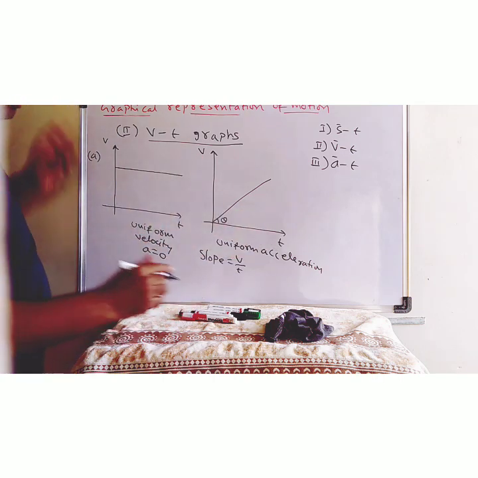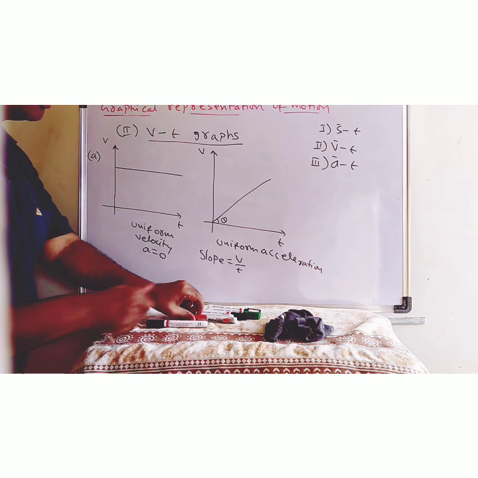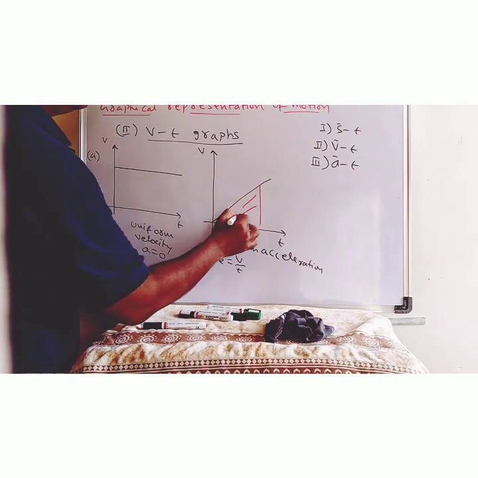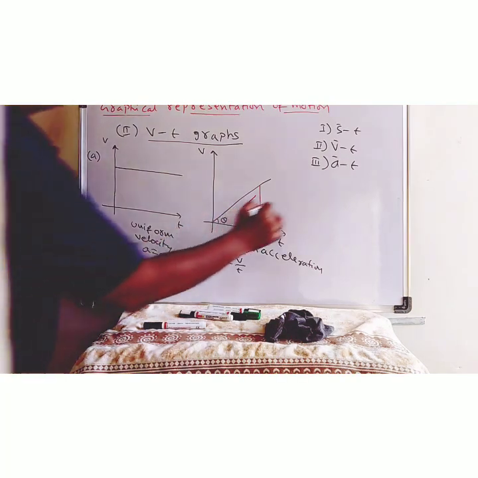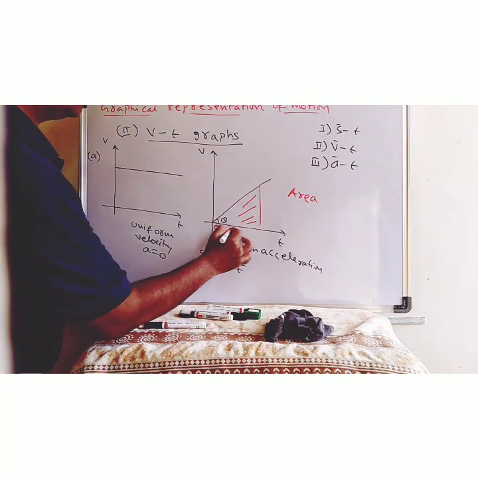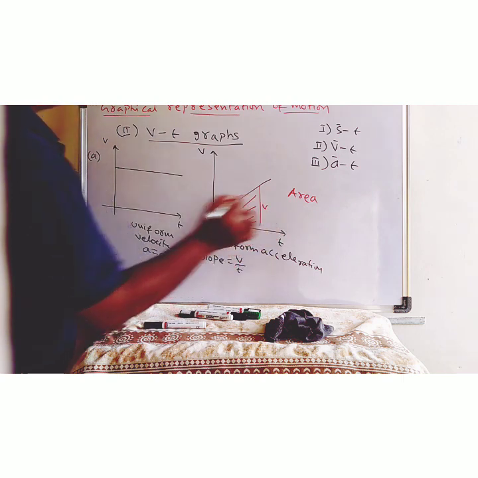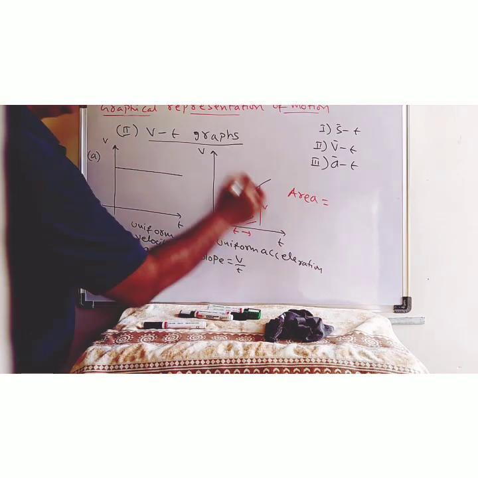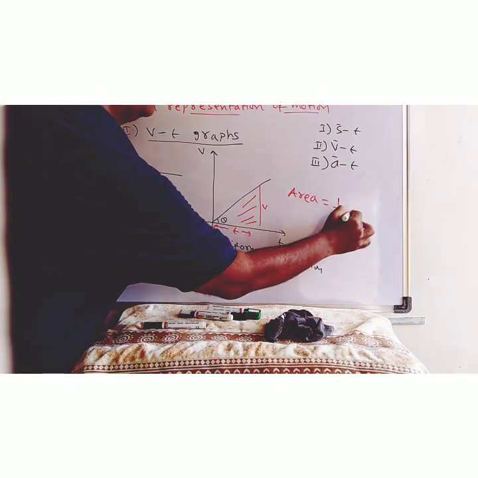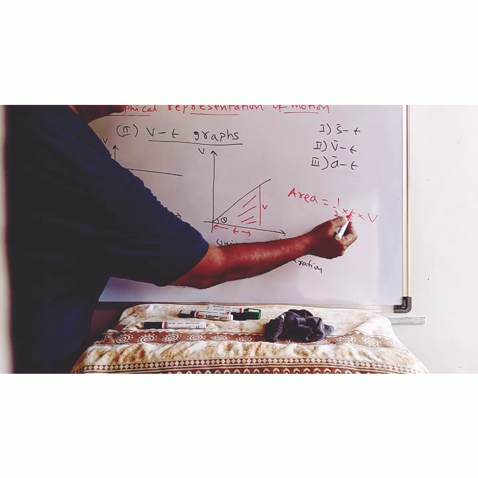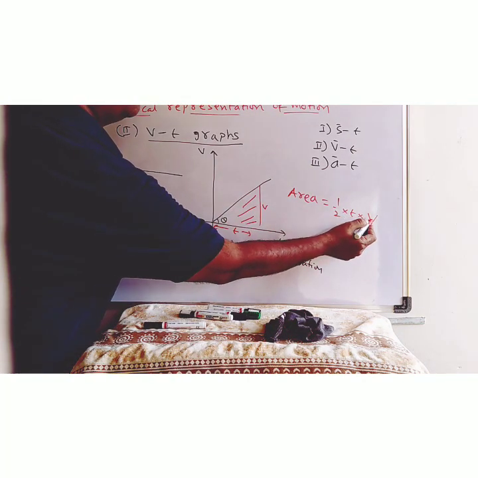Also see one more important thing here. You can also find the area here. Suppose I find the area of this particular part, what does the area give? Let us say this one is t and this one is v. This is in the shape of a triangle, so half base into height. Here this is time, this is velocity.